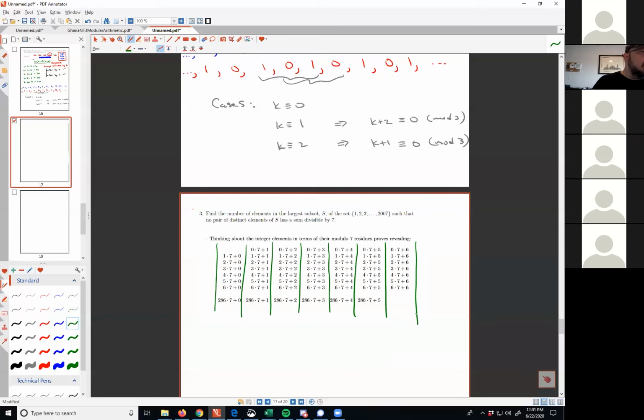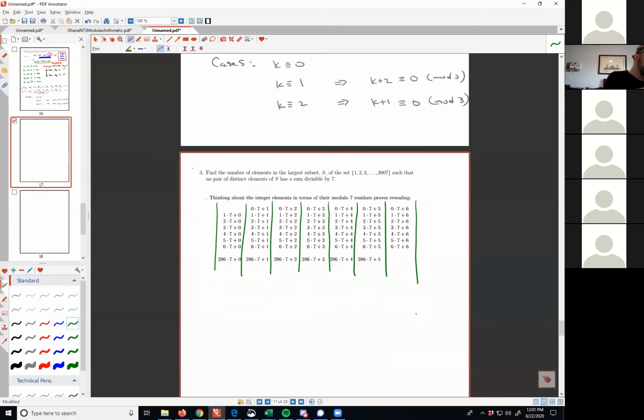And what we want to do is build the largest subset, so we want to know the number of elements in it, so that no two numbers in that subset have a sum that is a multiple of 7. Okay, so how do we avoid getting a multiple of 7?